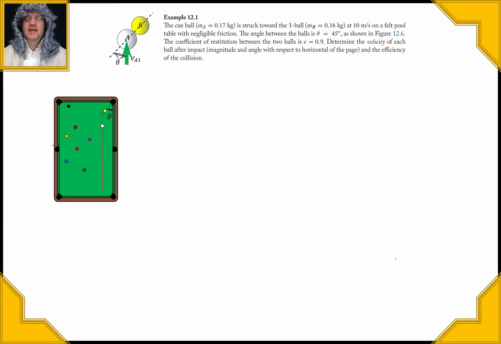That's pretty accurate. We want to find the velocity of each ball afterwards, the magnitude and the angle with respect to the horizontal. We also would like to know the efficiency of the collision. So there's a number of things that we want to find out right here.